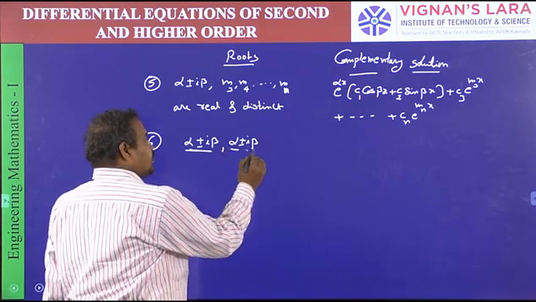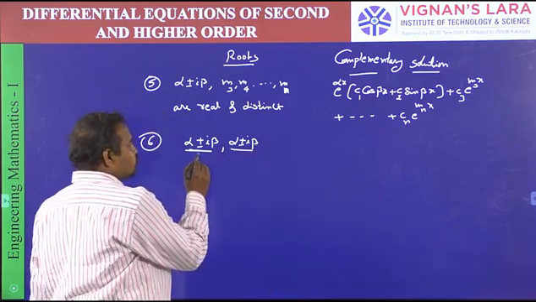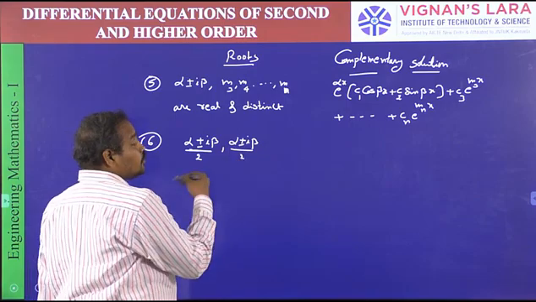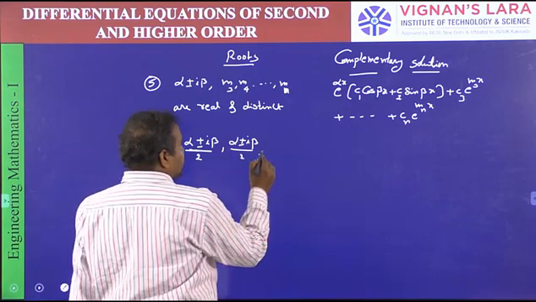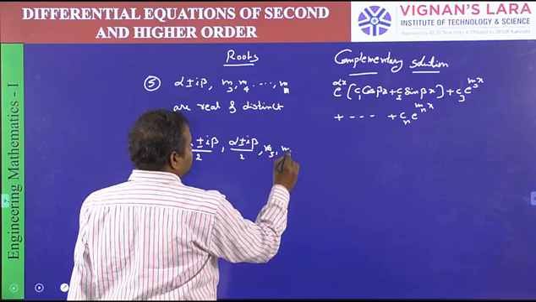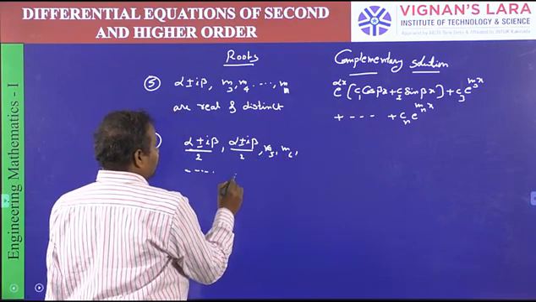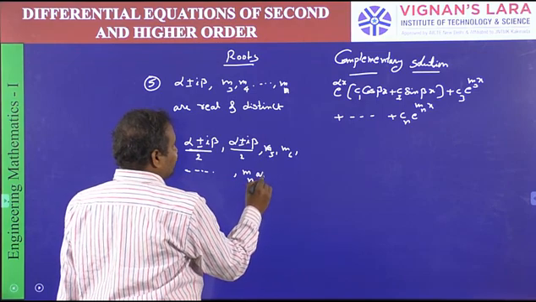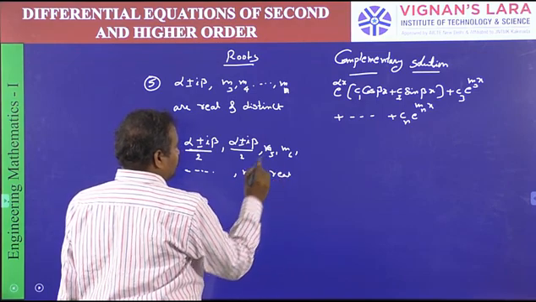Same roots are repeated another time. That means how many roots here? These are two, these are two. Four roots are over. Remaining roots m5, m6 and so on, mn are real and distinct.